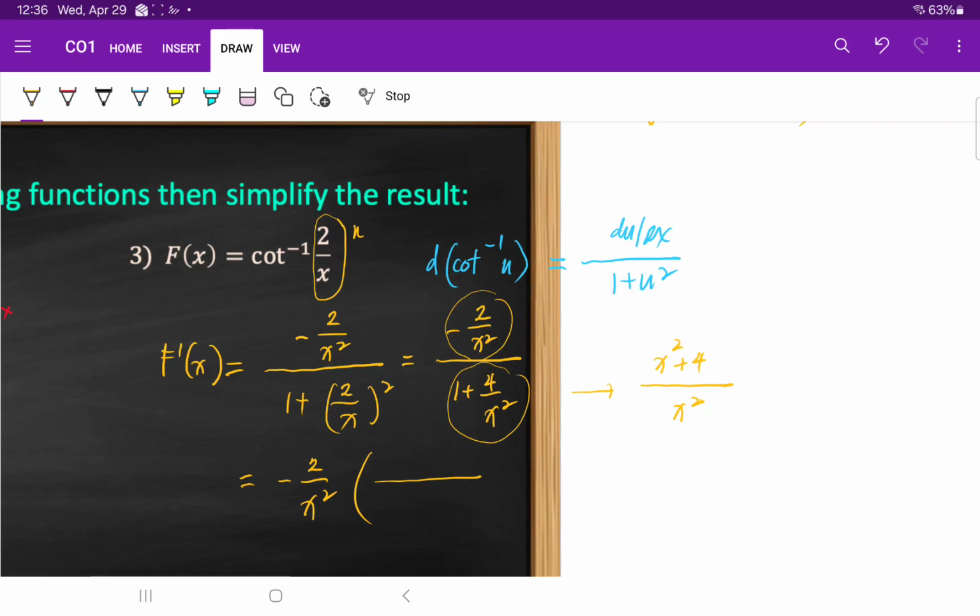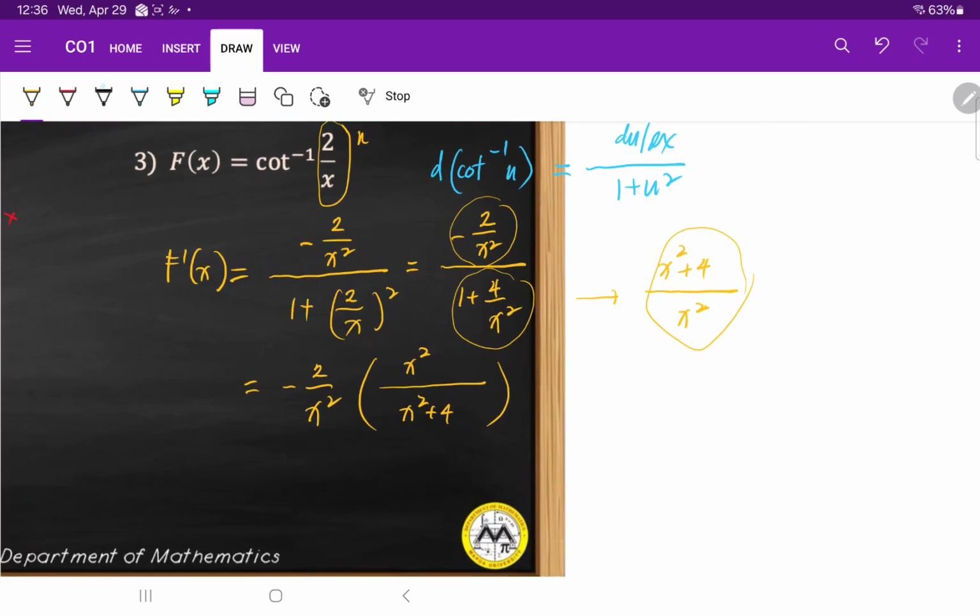Okay, multiply 2 over x squared by the reciprocal of this one. And it's what? x squared over x squared plus 4. So this cancels with x squared. Now you have negative 2 over x squared plus 4.